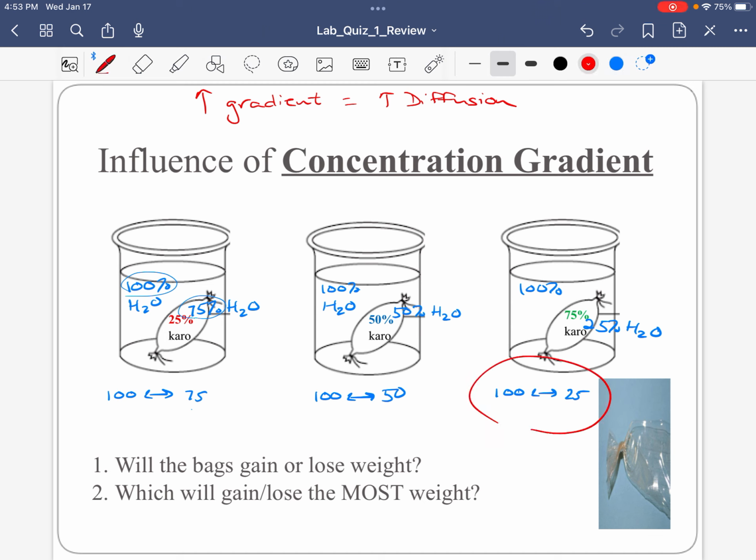So we would expect this bag to gain the most weight. Water's going to move from high to low, 100% water to less. And so each bag's going to gain weight because there's more water outside the bag than inside. Which is going to gain the most weight? It should be this one because it has the biggest gradient.